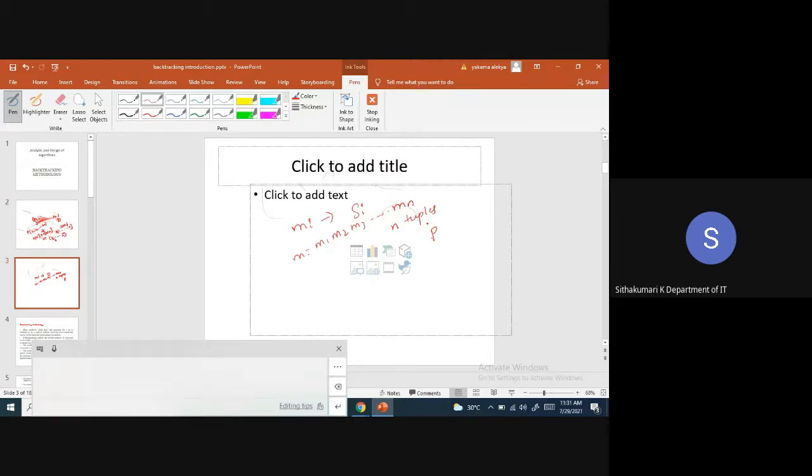So the idea behind this is we can build the solution vector with one component at a time. It works in stages, one component at a time, and after finding that component, we modify the criteria function. So p will get modified, p of x1, x2 up to xi.